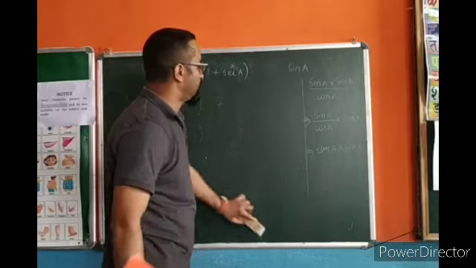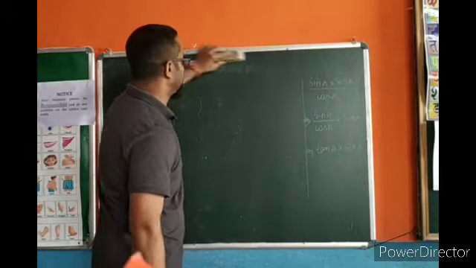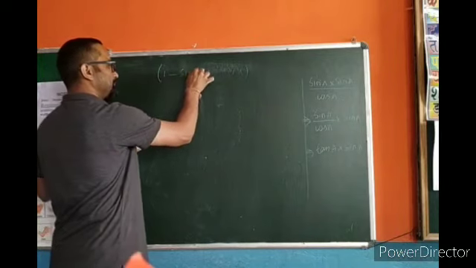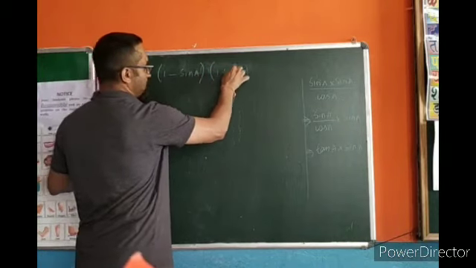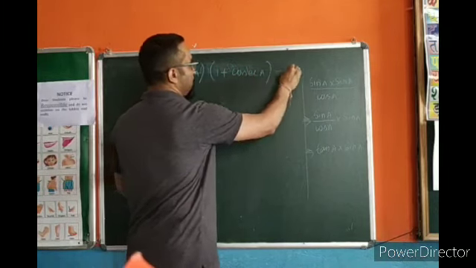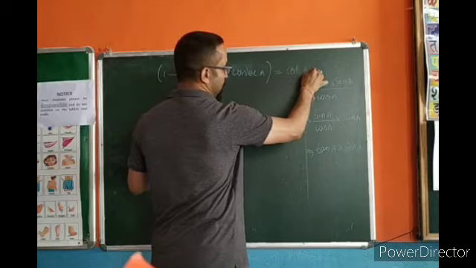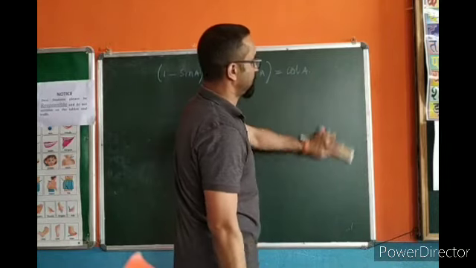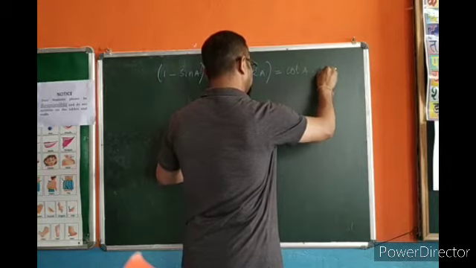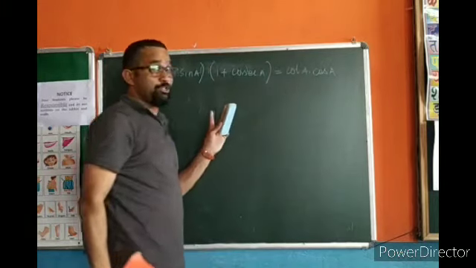Similar question for homework. (1 − sin A)(1 + cosec A) equal to cot A into cos A. Please do this question.